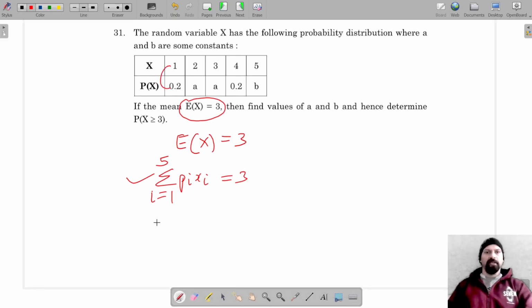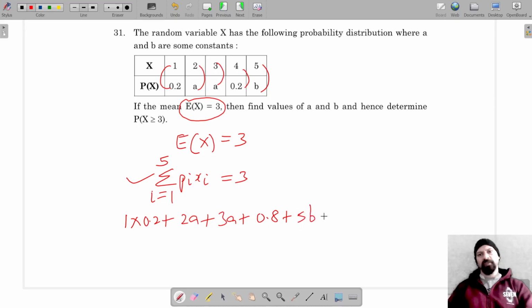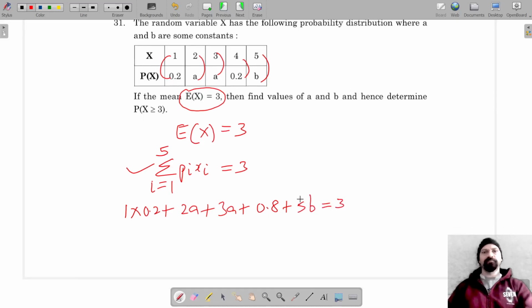So let's get that. 1 into 0.2, plus 2 into a, which gives me 2a, plus 3 into a, so 3a, plus 4 into 0.2 is 0.8, plus 5 into b is 5b, is equal to 3.